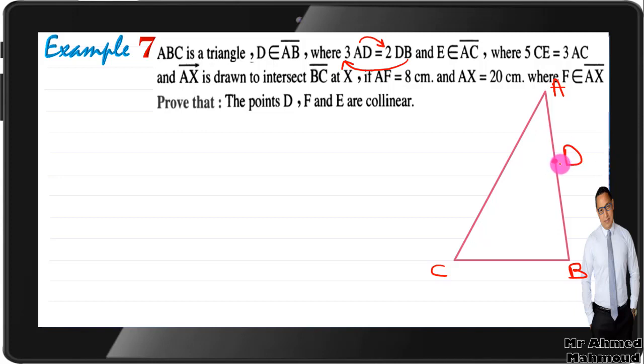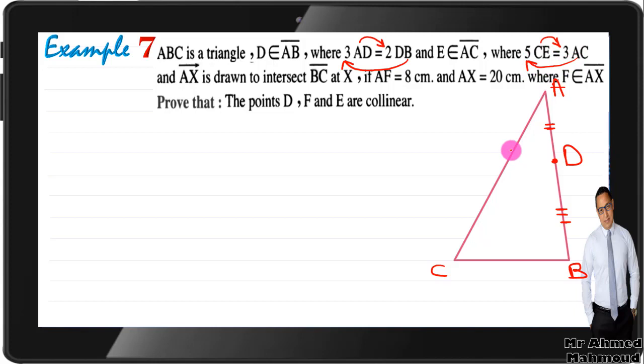D, okay, in which AD equals 2 and DB equals 3. 1, 2, 3. Okay, now E belongs to AC. E is somewhere here in AC, in which 5 CE equals 3 AC. CE equals 3x and AC equals 5.